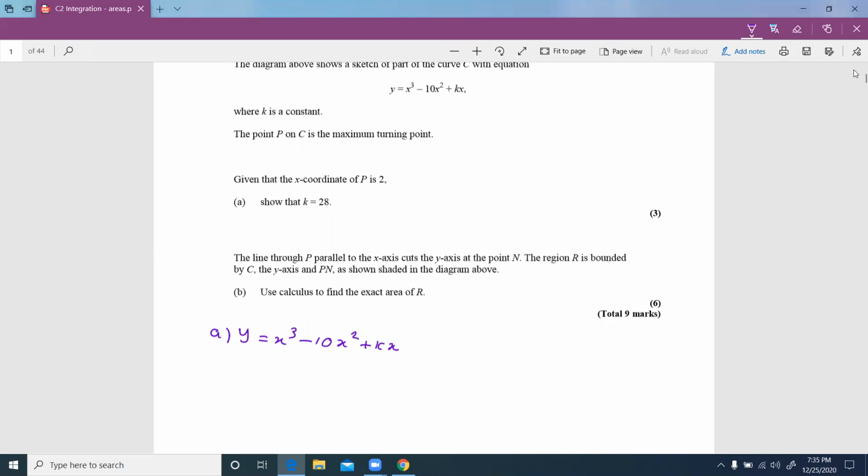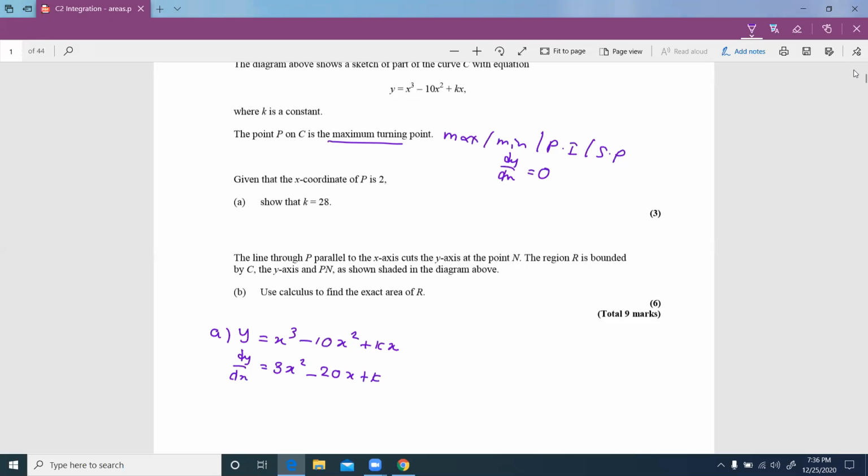Over here, they mentioned the point P is a maximum turning point. Whether it's a maximum or minimum or point of inflection, or you may say stationary point, all of these share a common theory: dy by dx becomes 0 at that point. So if you find dy by dx, it equals 3x squared minus 20x plus k.